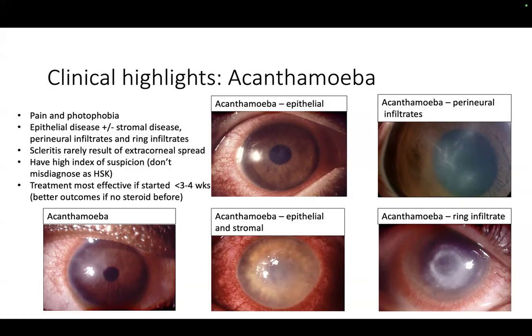For the first two, they just separated. It was very traumatic, and she's a young woman. So always have this in your mind: could this be acanthamoeba? It's just a funny red eye in a contact lens wearer. All of that needs to go to eye casualty, and they should be thinking about it too.